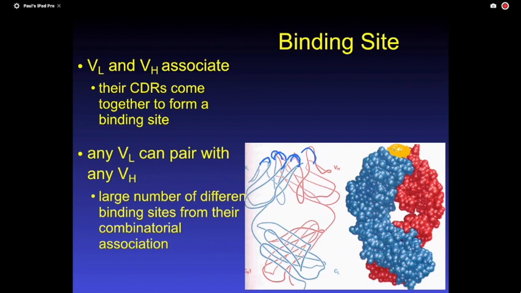Now, within your genome, there are hundreds of variable light chains and hundreds of variable heavy chains to create millions of combinations of binding pockets. Okay? And so, with that genetics, your own genetics, you have unique ways to create binding variables to bind to lots and lots of things.